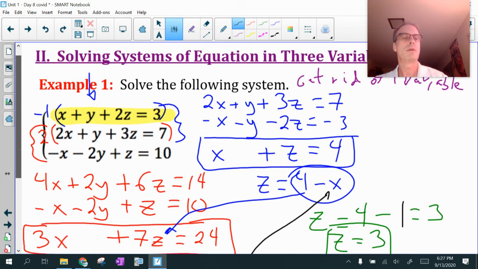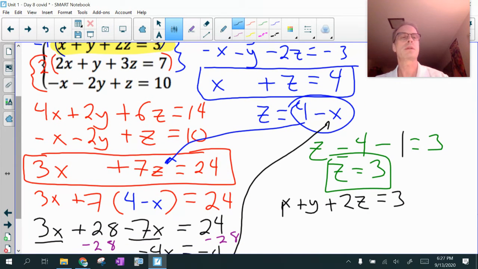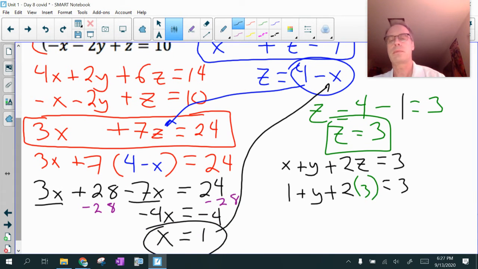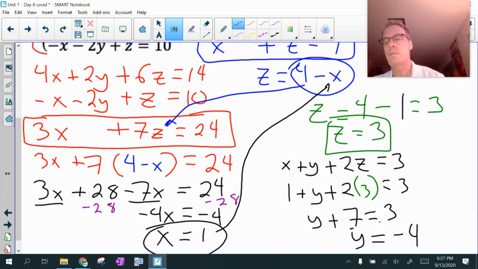Okay. 1 plus y plus 2 times 3 equals 3 there. So that's going to get me y plus 2 times 3 is 6, 6 plus 1 is 7, and 7 is going to get me a y value of -4.